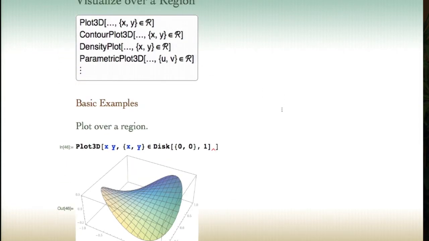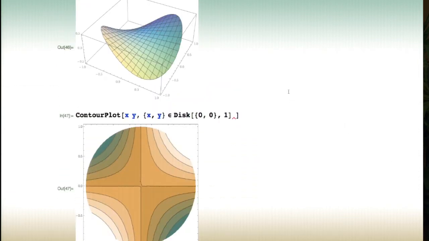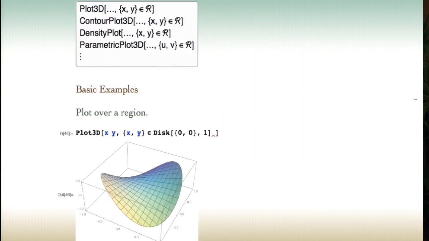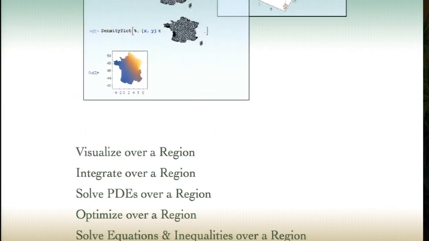This works with just about any of our visualization functions that plot functions and so on, and we might generalize that to our data visualization functions as well. So this becomes very convenient. This allows you to visualize, for instance, integration, optimization, all kinds of problems that are typically defined over some region or constrained to be over some region.